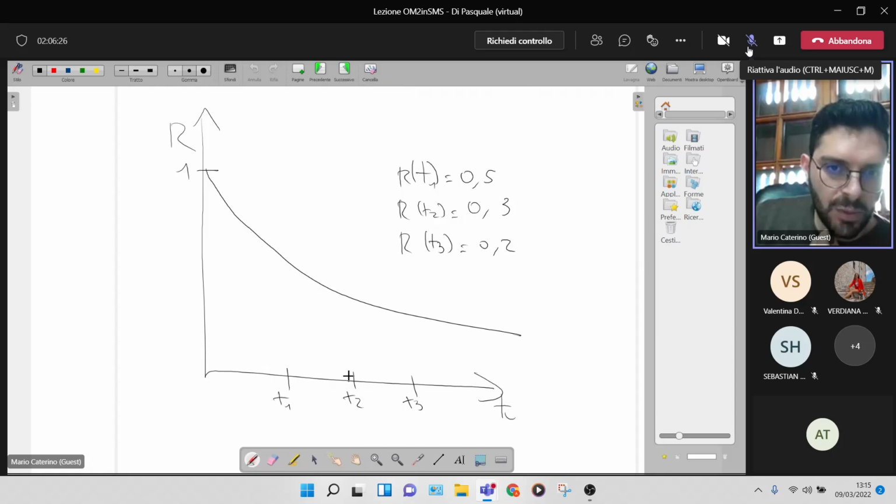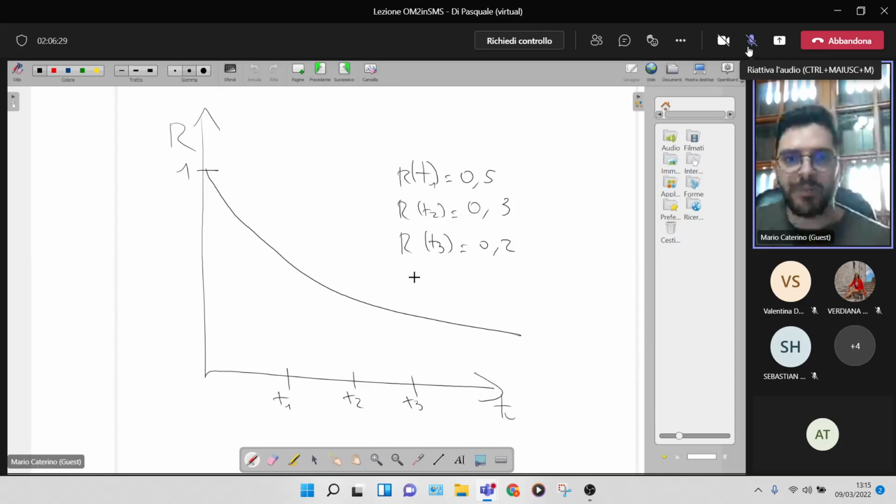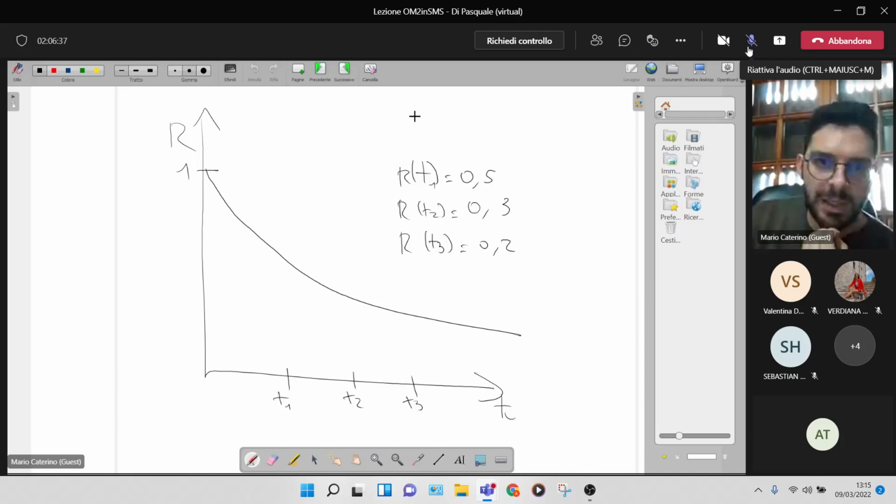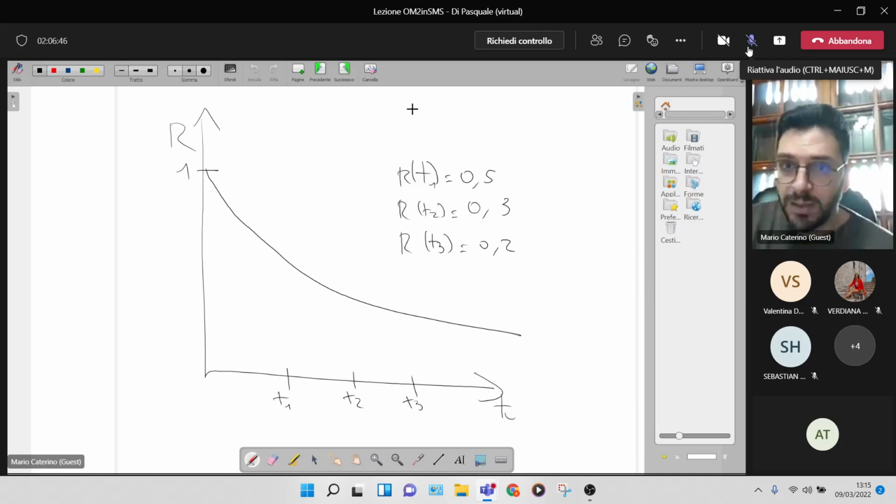In this case R(T2) minus R(T3), supposing that it is starting to work now. Now it is the time 0. So the probability that the system is still working between T2 and T3, that is reliability, R(T2,T3), is simply R(T2) minus R(T3), that is 0.1.